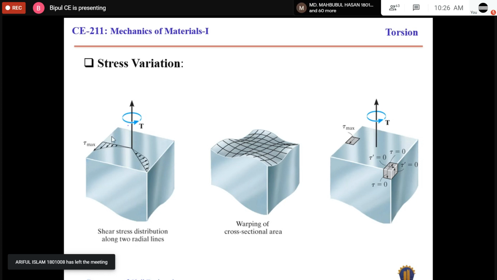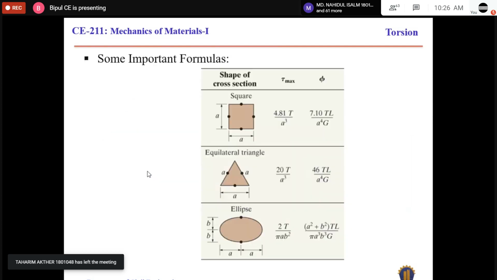And here, this point is the farthest distance from the axis of rotation, and there is no shear stress. So that is reverse to the circular shaft. So this table shows some equation of maximum stress and angle of twist for some specific cross-sectional area. So for a square cross-sectional area, and this one is for equilateral triangle.